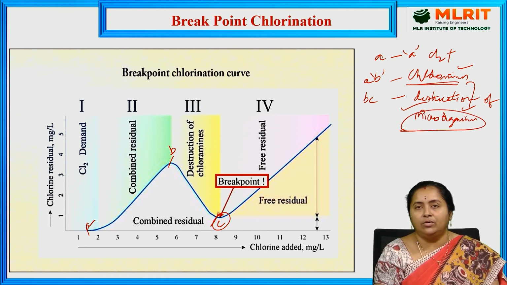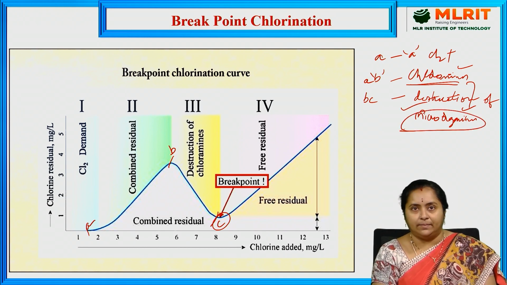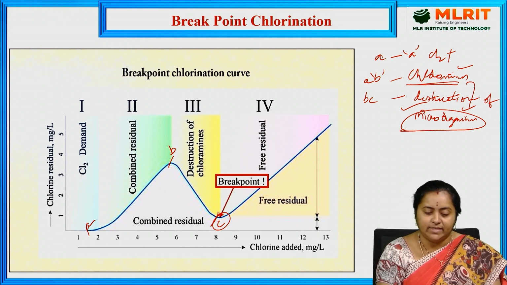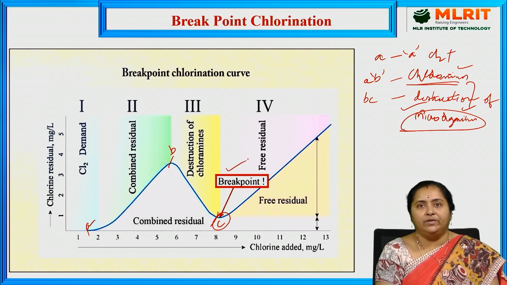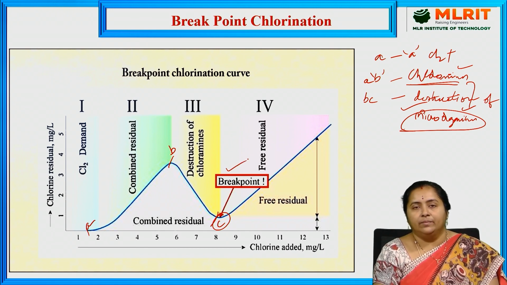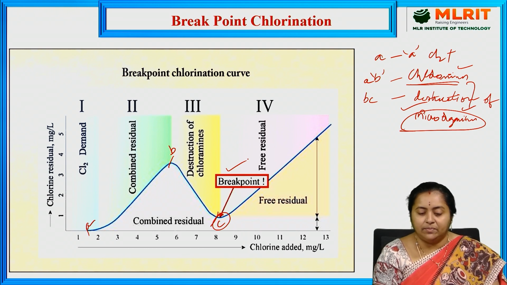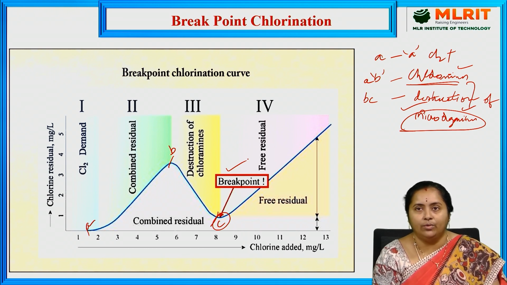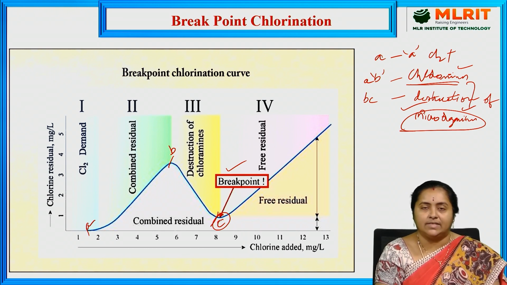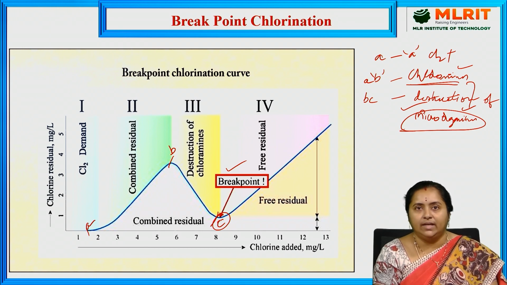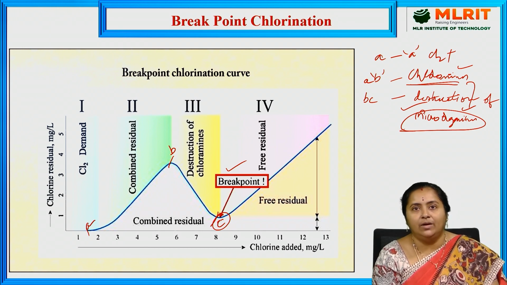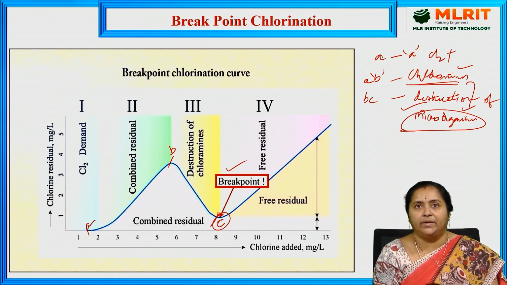There were no microorganisms left to destroy in the water sample. That means this point C is named the breakpoint for chlorination. We have to stop the addition of chlorine exactly at C. If you reach the point C, there is no question of adding further chlorine to the water sample.